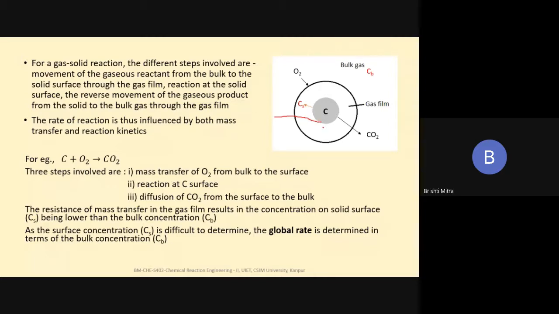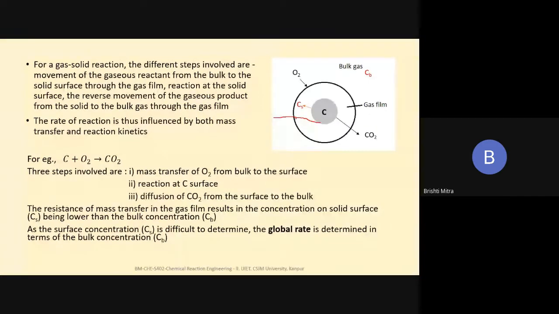The mass transfer effect causes a change in the concentration from the bulk to the surface. This drop means the surface has a different value from the bulk, and usually the concentration in the bulk is greater than the concentration at the surface.